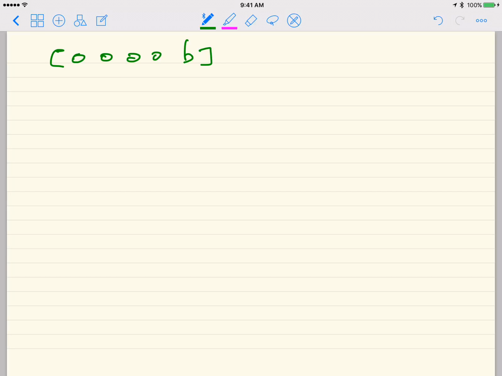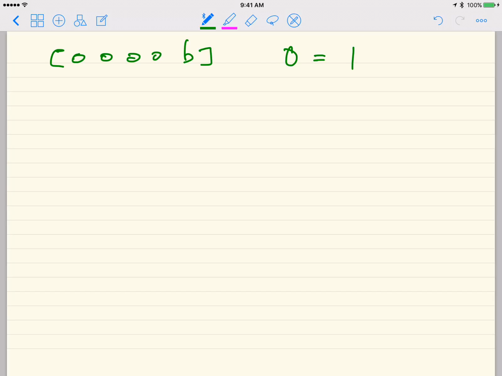So in this example, we are seeing some bad rows that have all zeros except for the last non-zero entry. That corresponds to the equation of 0 equals non-zero, right?